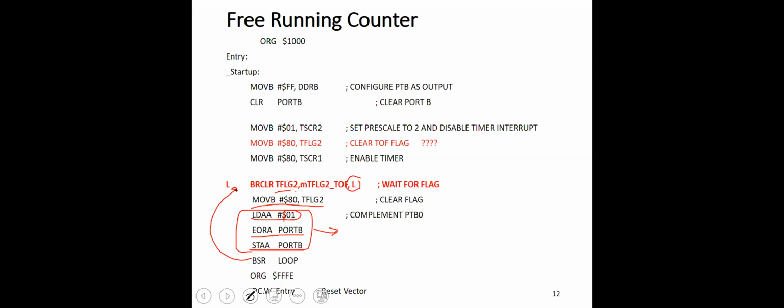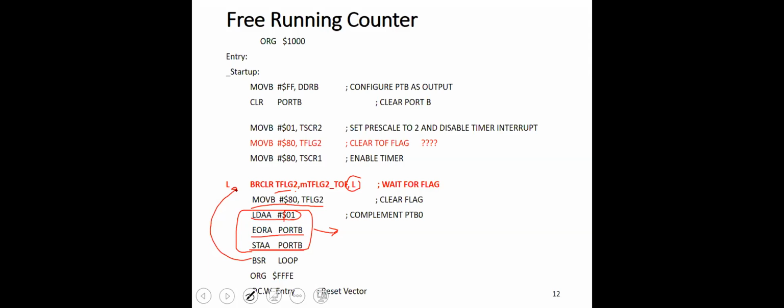Okay, so here we did not use the interrupts, the timer overflow interrupt. We used polling. Is this better than using, let's say, a delay subroutine instead of working with the hardware timer?